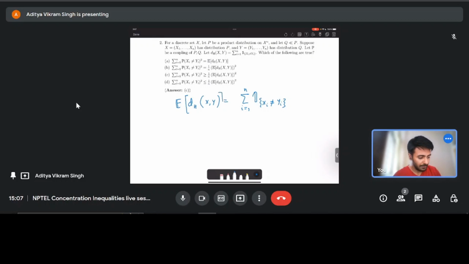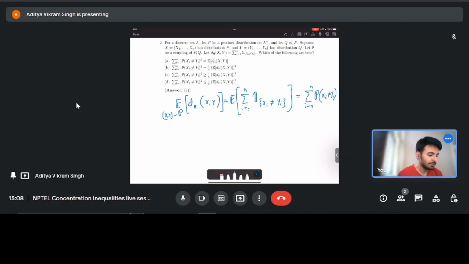When we are taking the expectation here, both X and Y are random variables coming from this joint distribution, the coupled thing, this P̃, and on the right hand side we'll have expectation with respect to the same thing. So we see that the expected Hamming distance is just the sum over i equals 1 to n of the probability that Xi not equal to Yi.